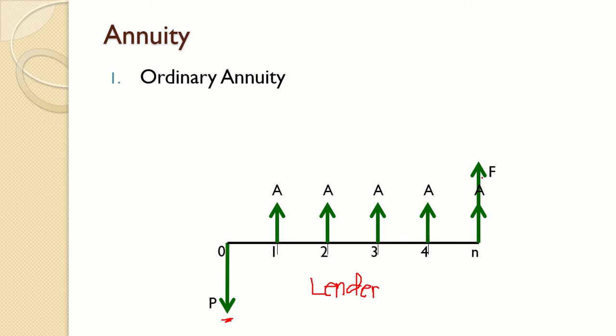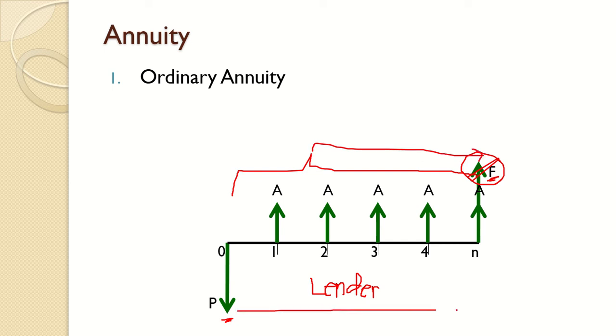Then we can convert this annuity into a lump sum, into an accumulated amount, and we call it F, or the future amount, or the accumulated amount. So again, we can convert this annuity to a lump sum. Or you can also convert your present amount to an F.